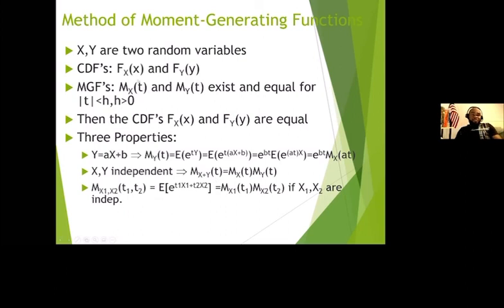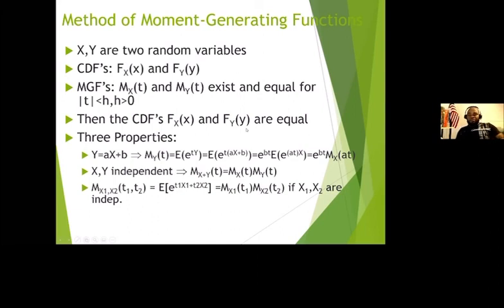Mx(t) is the moment generating function of random variable X, and My(t) is the moment generating function of random variable Y. If two variables have the same moment generating function, automatically they are going to have the same CDF. So this actually implies this: the moment they have the same moment generating function, they're going to have the same CDF.